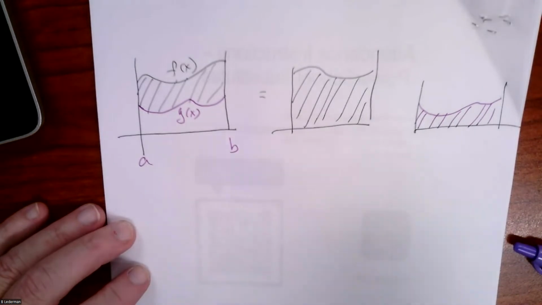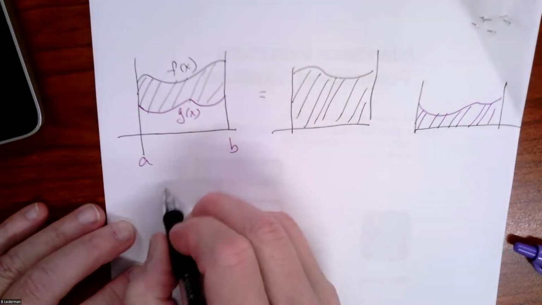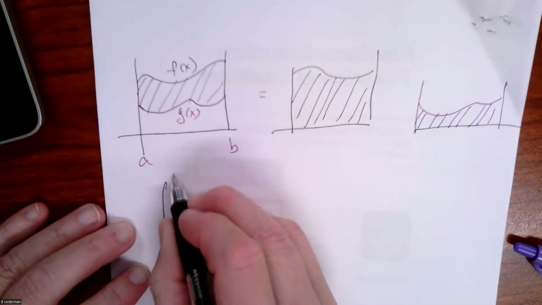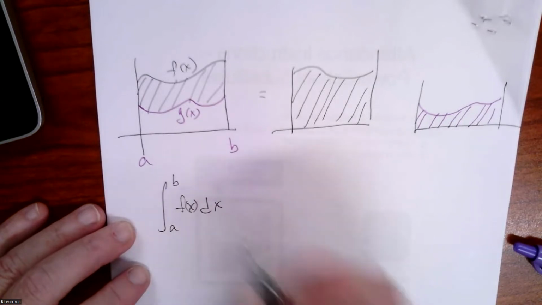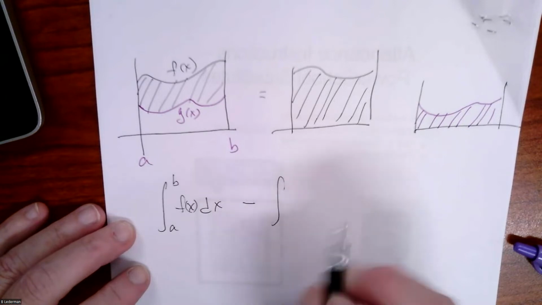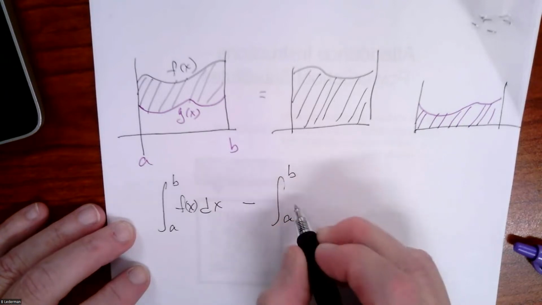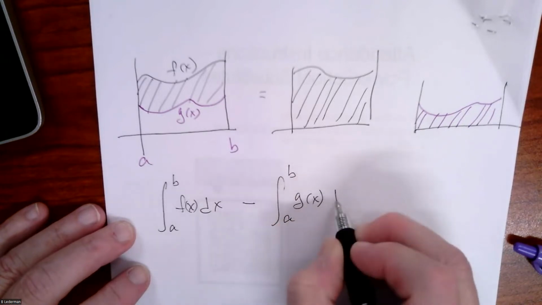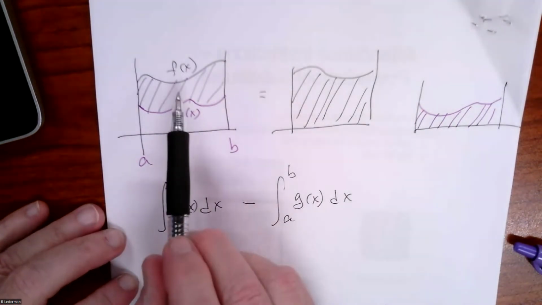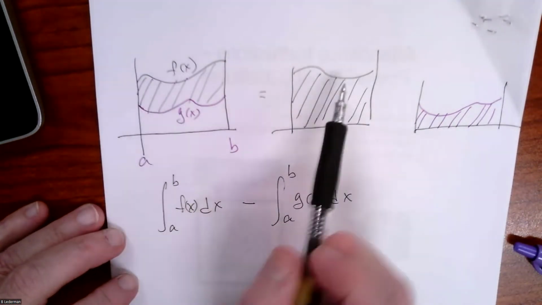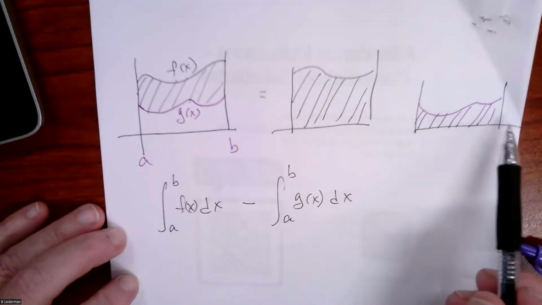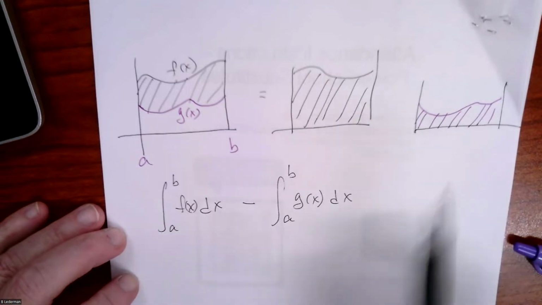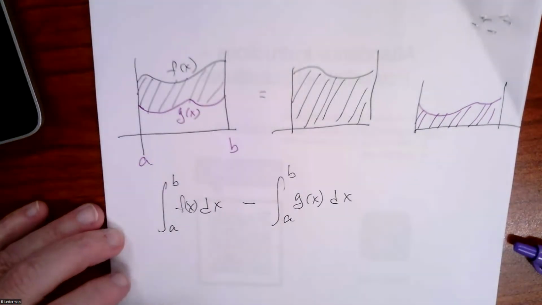I want to find the integral from a to b of f of x dx minus the integral from a to b of g of x dx. This total area is the integral of f of x, and this total area down there is the integral of g of x. When I subtract it, I get this middle piece right here.